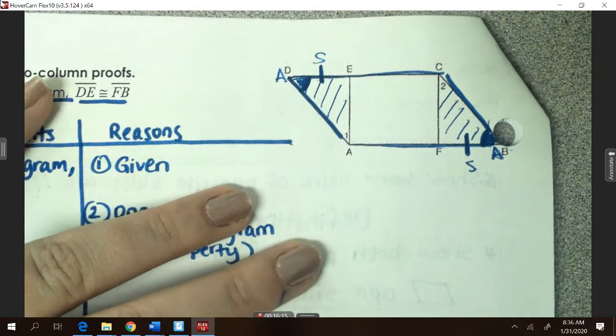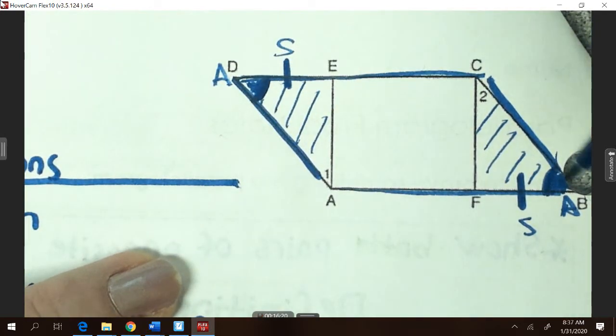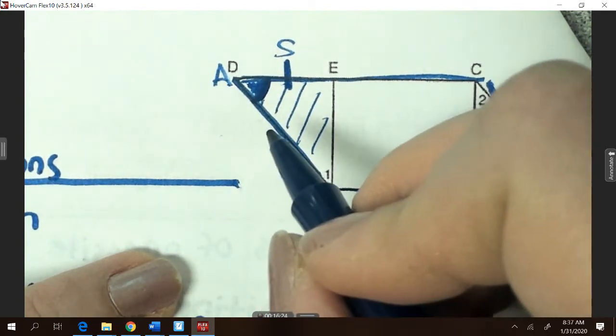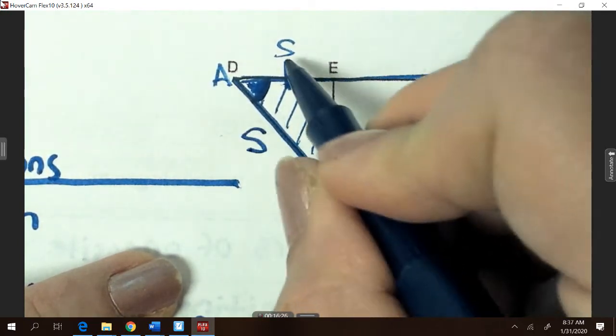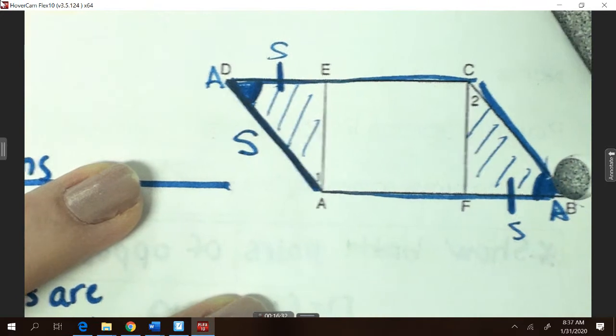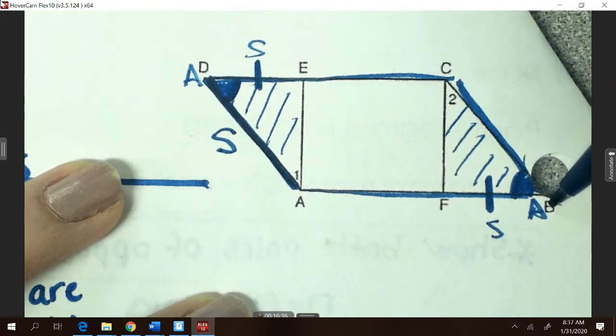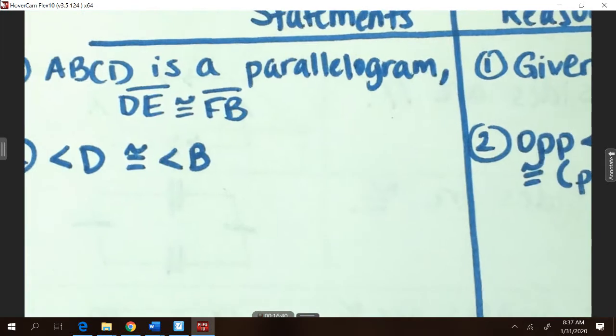So now I've got SA. What else would I need to know in order to use a triangle congruence statement? It'd be nice if I had another S, right? Because then I would have SAS. What would segment AD be congruent to? CB, because it's a parallelogram, right? Opposite sides of a parallelogram should be congruent.